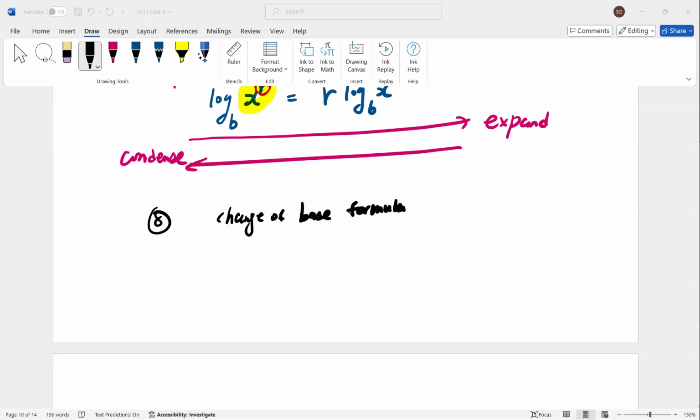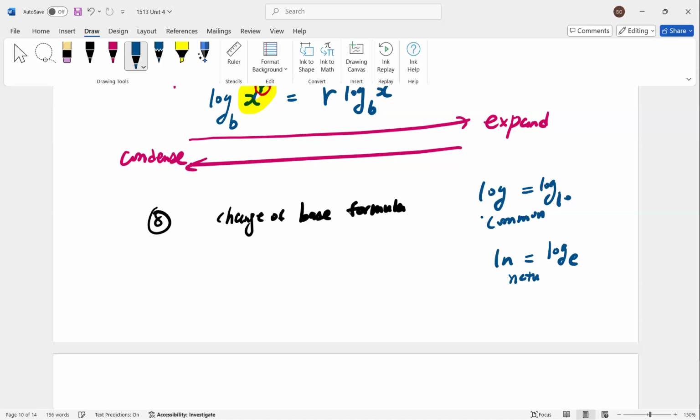If you go to any type of calculator, you do have a logarithmic function, but you would only have either log, which means a log function with base 10. We call that common log. Or you will see ln. ln means log with base e. e is the Euler number, and we call that natural log.